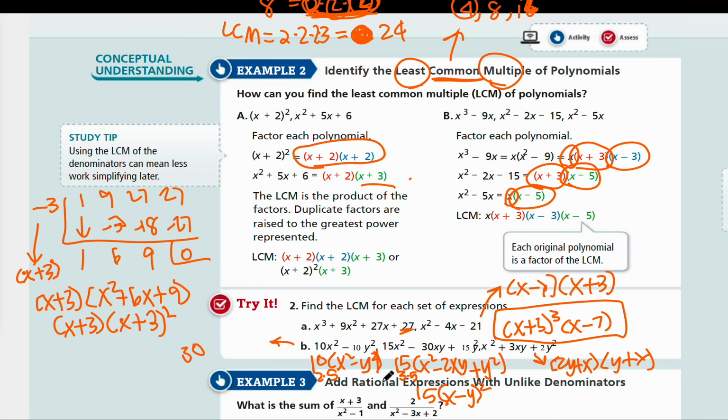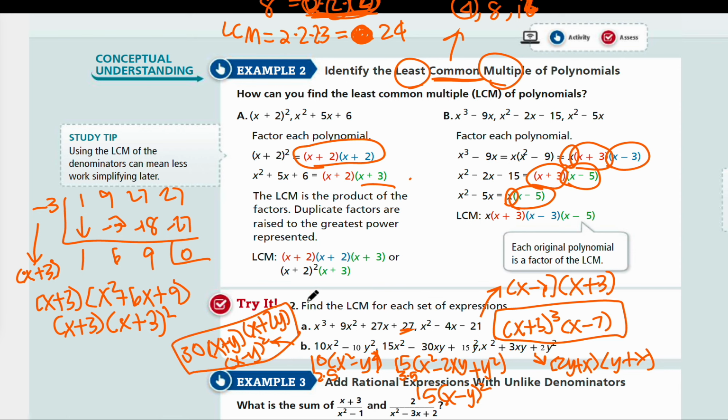And then your factors for your polynomials would be x plus y times x plus 2y. I changed the order, and then x minus y squared.